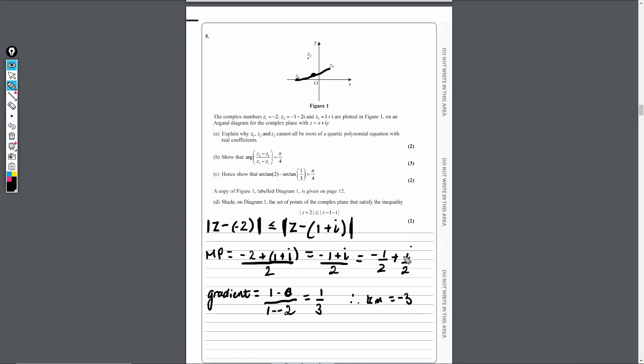So now we've got a gradient, we've got the midpoint here. Now I can just use the formula for the equation of a straight line to obtain the equation of the perpendicular bisector. So remember the formula is just y minus y1 is equal to m lots of x minus x1. Well, plugging all this in now, so y minus y1, so my y1 is a half basically, i over 2, we'll just call it a half.